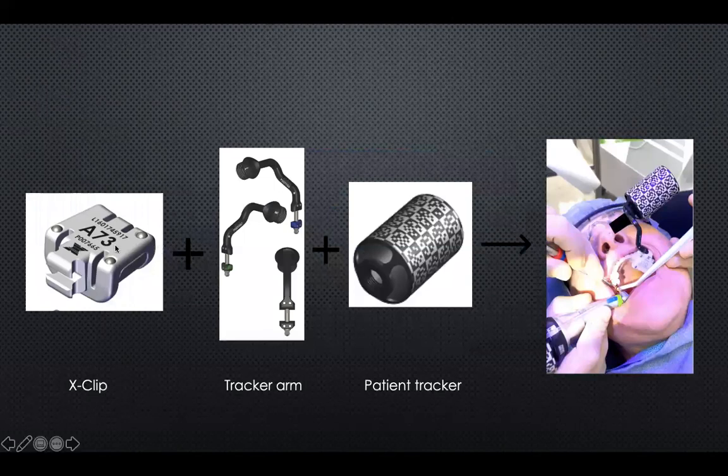We have the X-clip, which is a plastic clip that has 3 metal dots here. And on the inside, it has a material that will mold around the teeth once it's moldable. It becomes moldable once you put it in a hot water bath.